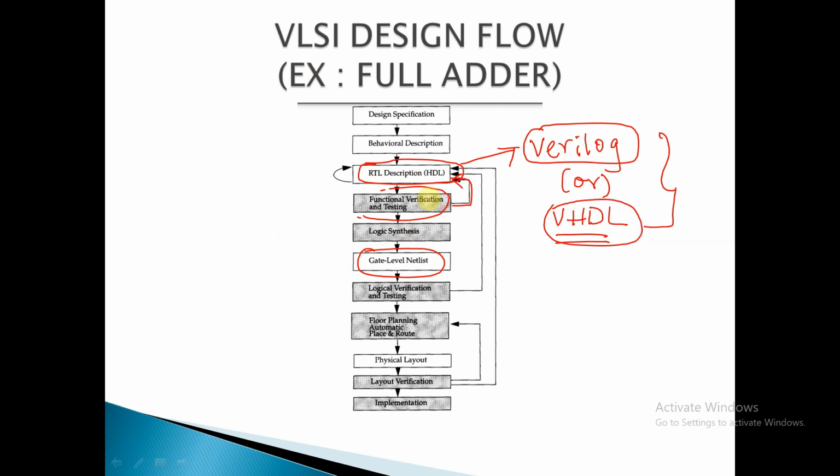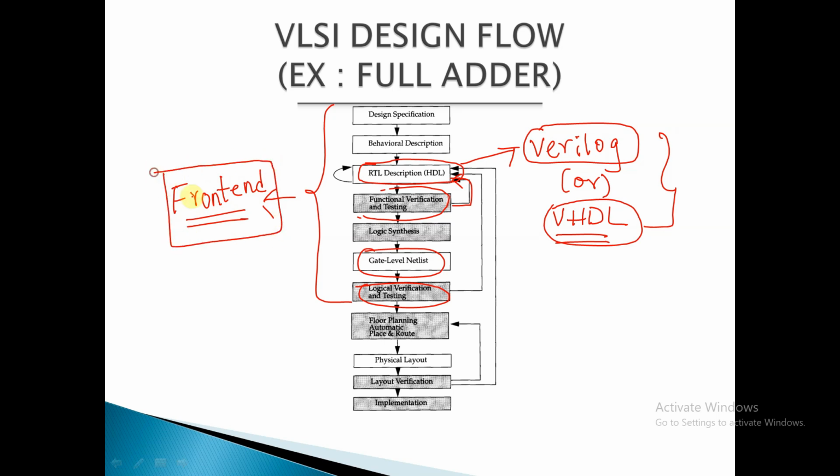The file will be generated, and after that, again logic verification and testing will be happening. So up to here, this is front end. And from floor planning and physical layout verification implementation, this is all backend.